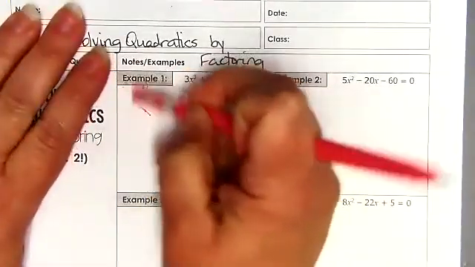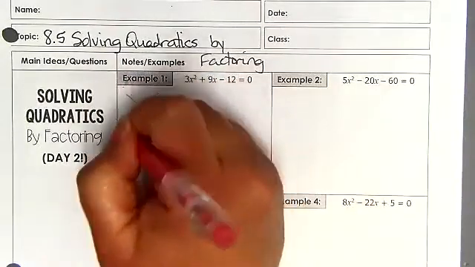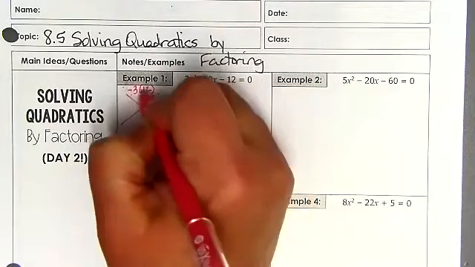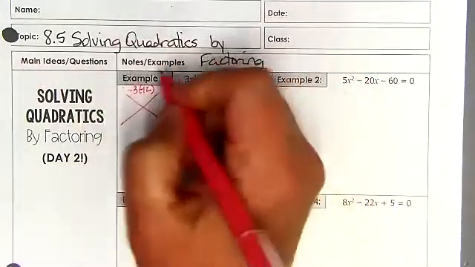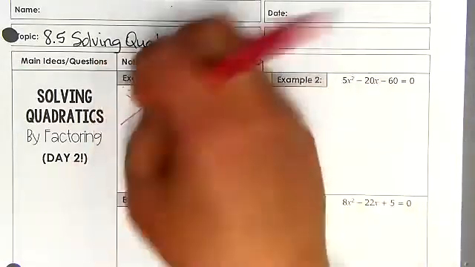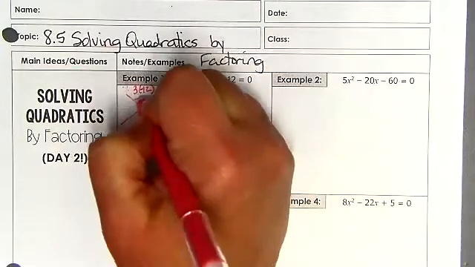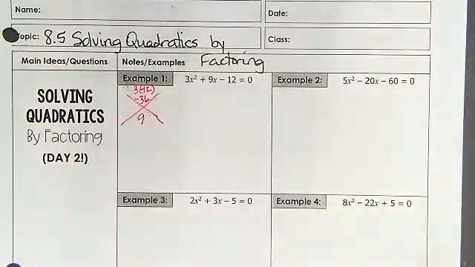It's bigger. Three times negative 12. Negative 36 adds to equal 9.